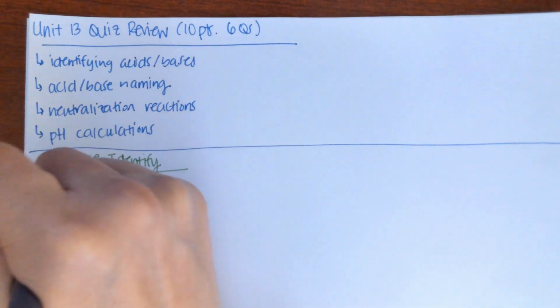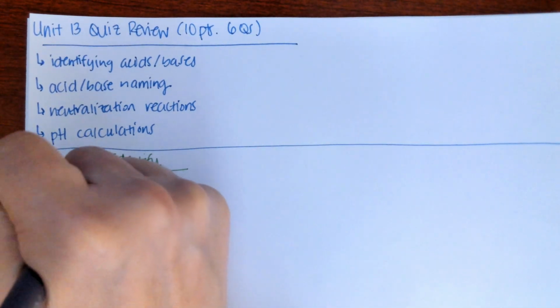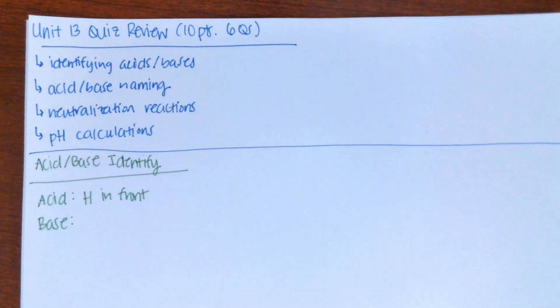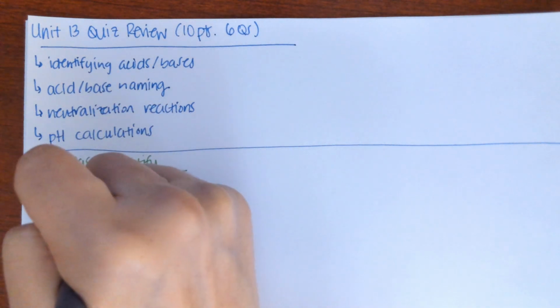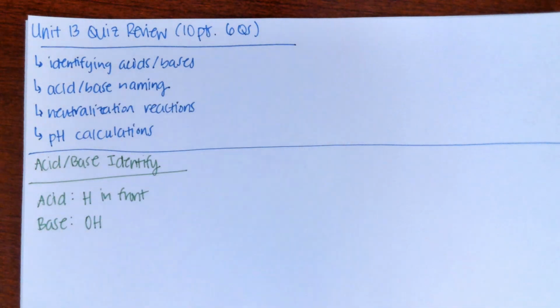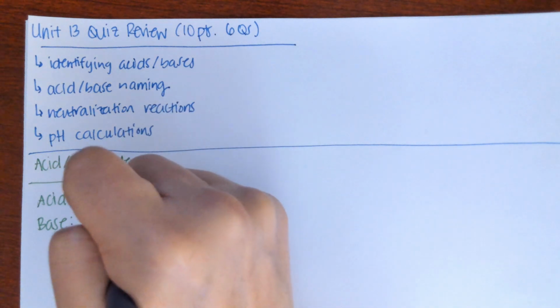How about a base? How do you know if a compound is a base? Oxygen. Just oxygen? OH. Yeah. So the hydroxide, OH, is that in the front or at the end? At the end.